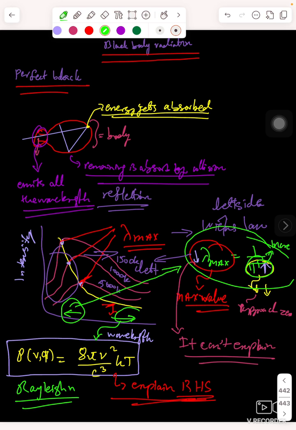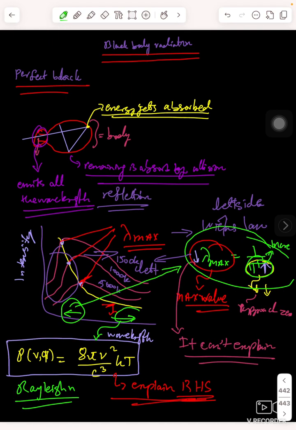Equation. Now, but then comes Max Planck. What he did is that he solved this catastrophe. I'll tell you what this catastrophe is all about. He solved this catastrophe with his assumption.